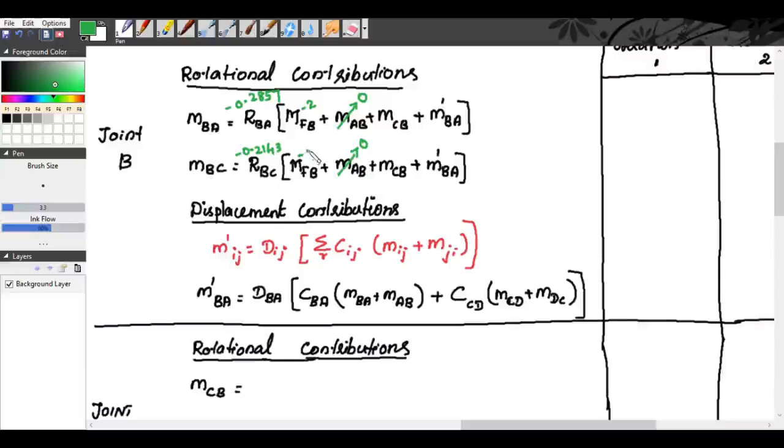Same, okay. So the values inside the bracket remain the same. Initially we take these both as 0. So we get minus 0.2857 multiplied by minus 2. We get MBA is equal to plus 0.571.